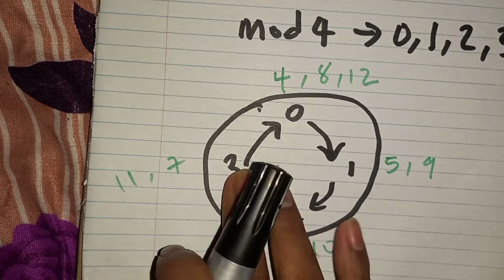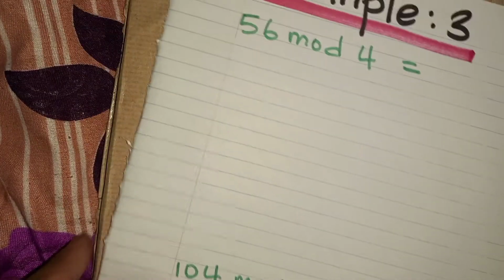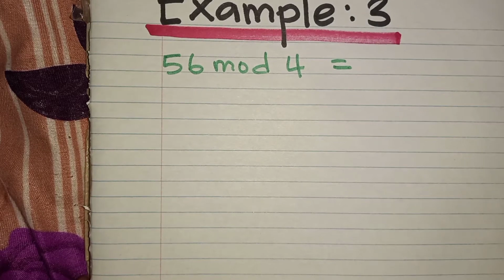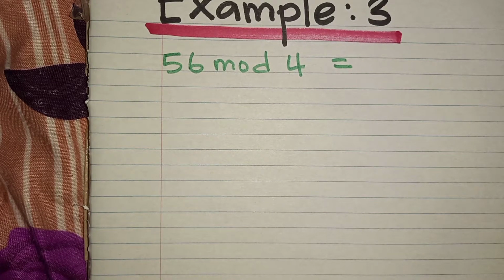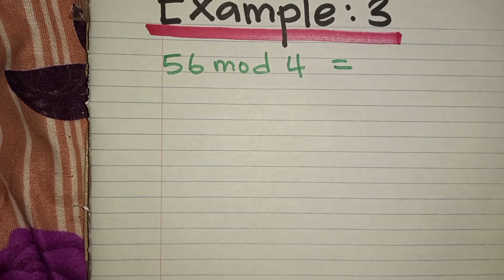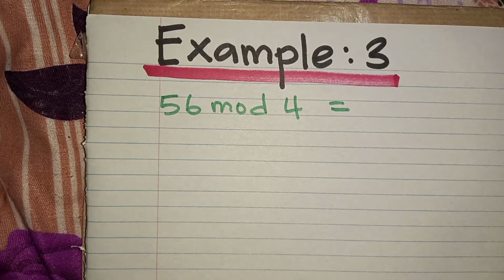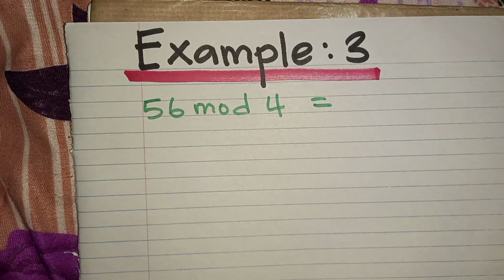Let's do another example. Example number 3. Now this one is what I was talking about. This is where the division method is going to work. Here it is very hard to draw the circle, right?